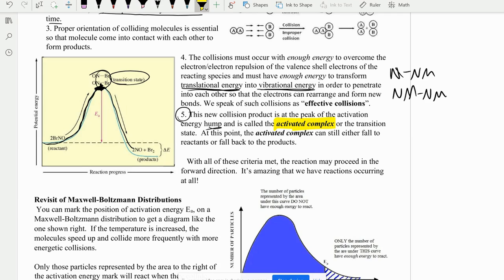Please be comfortable with using both terms, as that's what you're going to hear come up throughout the unit and is what is expected in AP. So at this point, the activated complex can still either fall back left or it can fall right, depending on the situation.